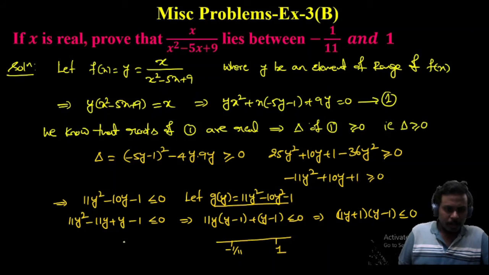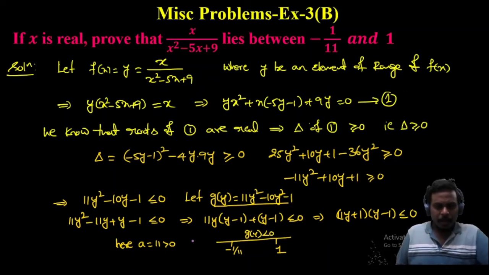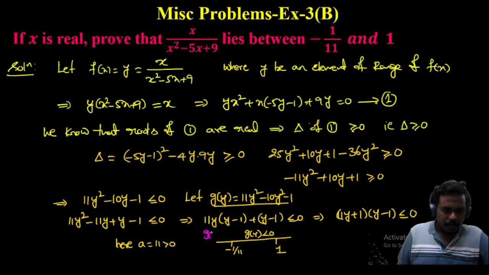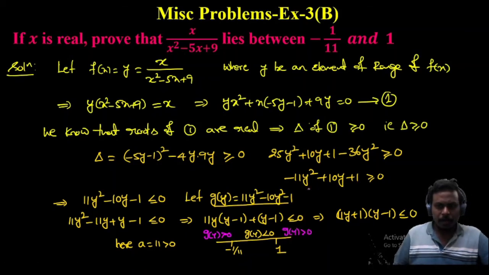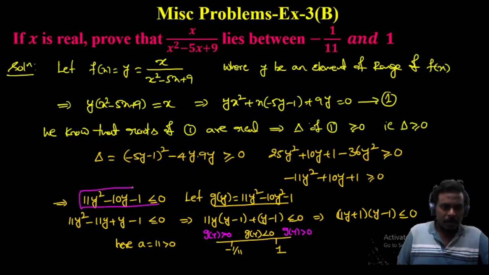So here for the above expression a is equal to 11, which is positive, then g of y must be negative in this region and g of y is positive in this region. So we want the solution for this inequation.